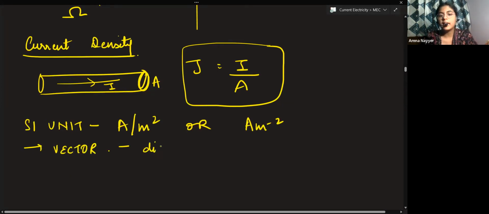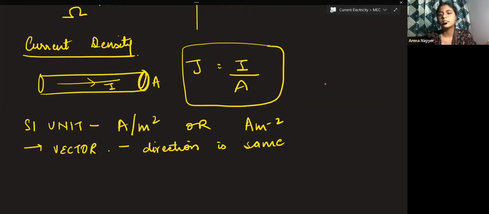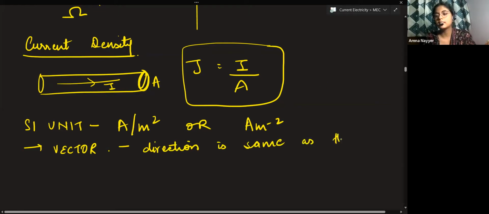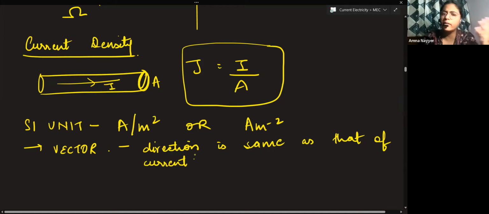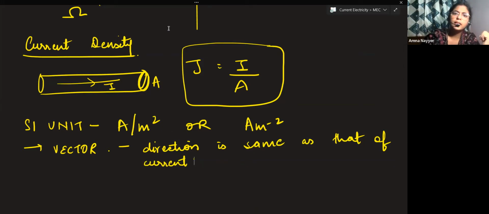And the direction is the same as that of current. If your current is flowing towards the right hand side, then your current density will also be in the right hand side. Whatever is the direction of current, that will be the direction of current density.